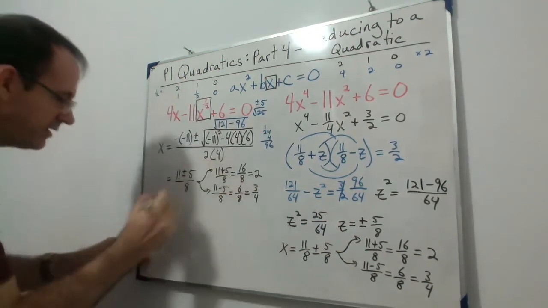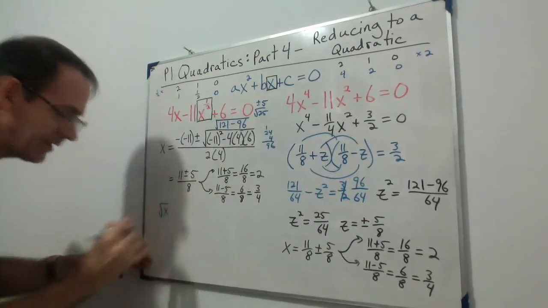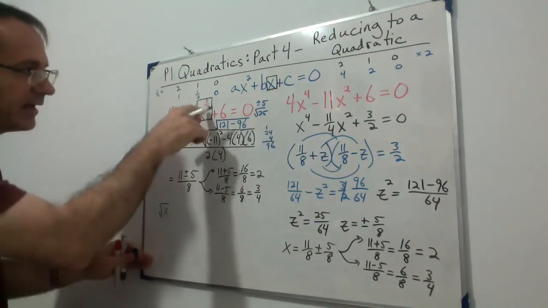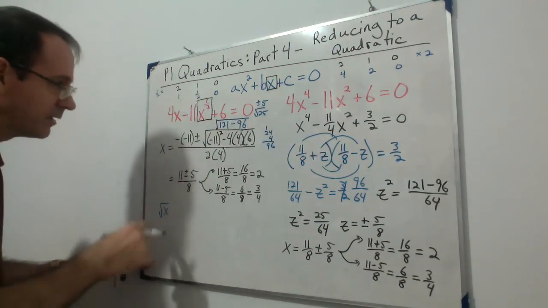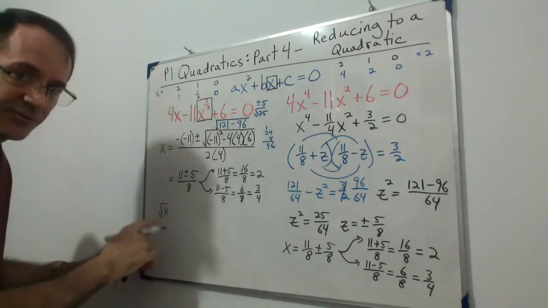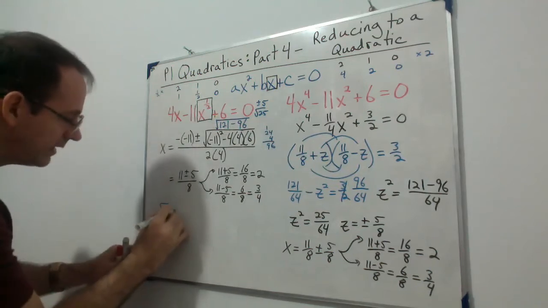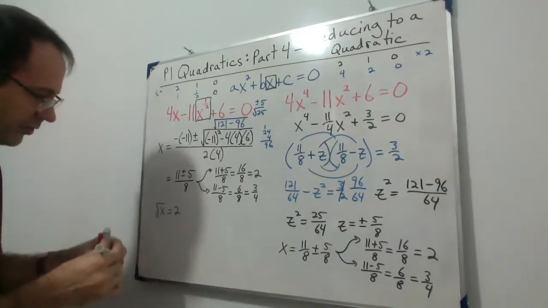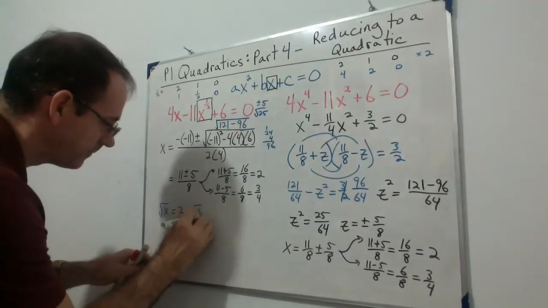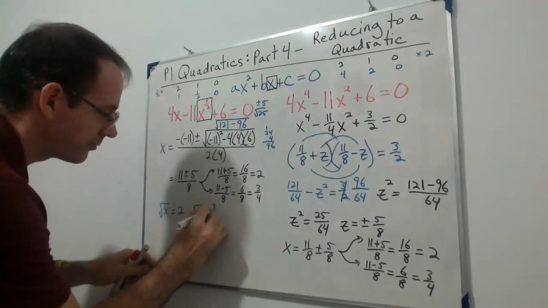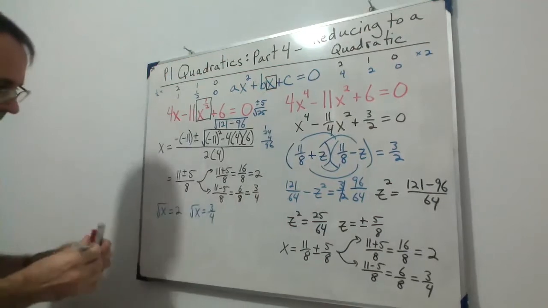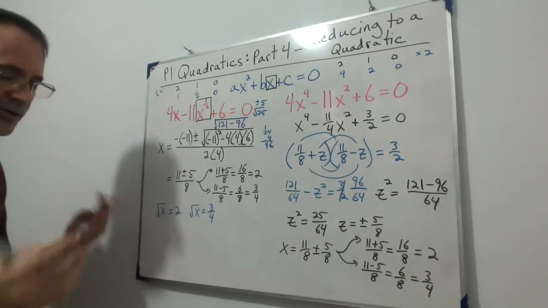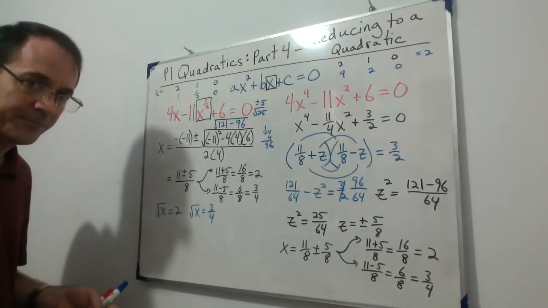So we need to take these answers. You can write it like this if you want. Same thing as x to the 1/2. Doesn't matter which way. One is exponential form, one is radical form. Root x equals 2, and root x equals 3/4. Now, here is where you're going to have to be careful.